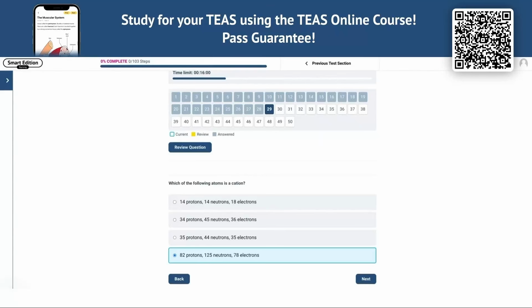So with answer choice D, this atom has 82 protons and 78 electrons, which means that it has 4 more protons than electrons, which means it is a positively charged ion or a cation. The positive charge is because there are more protons than electrons.